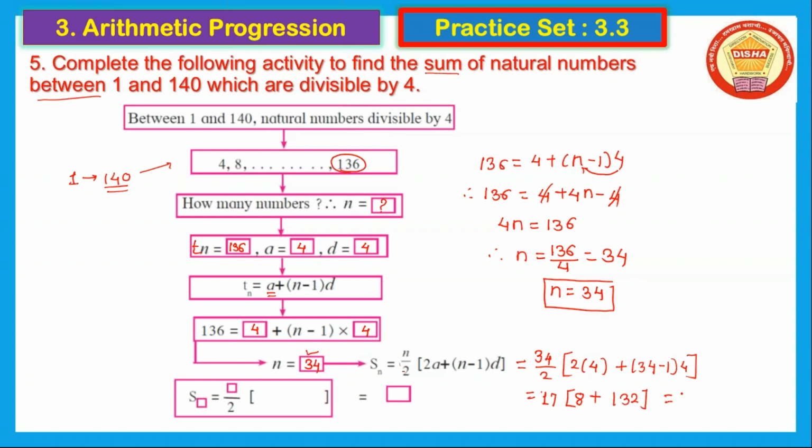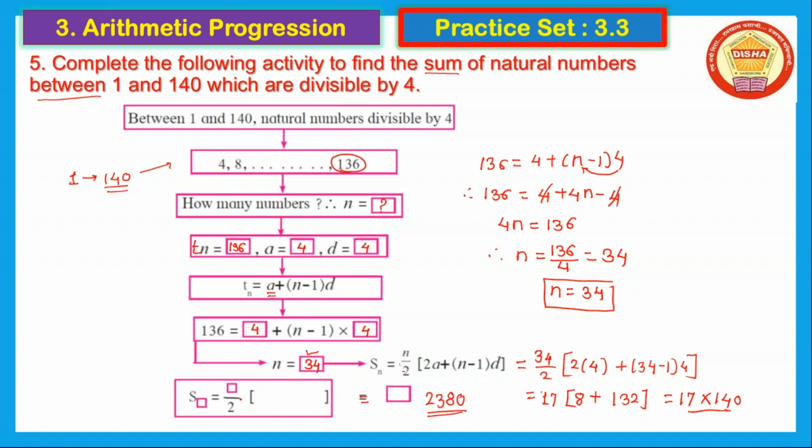Then we solve again: 70 into 140, and this product we write here. Sn is equal to the product of 17 into 140, which is equal to 2380. And this is our answer.